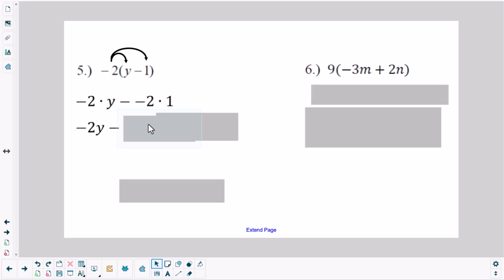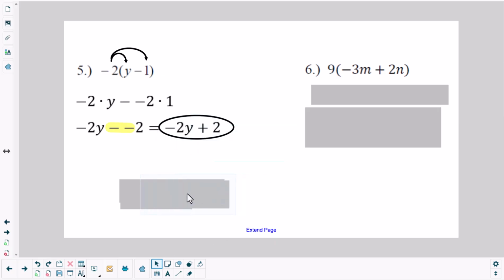Bring down our subtraction. -2 times 1 is -2. But again, we've got two things in between, minus and negative. We can rewrite that in a simpler way. Minus and negative is the same thing as addition. So we can rewrite this as -2y plus 2.